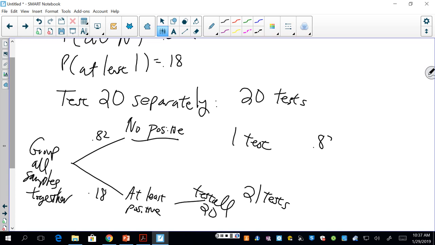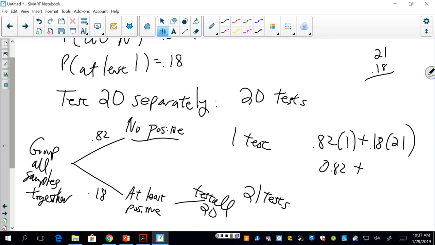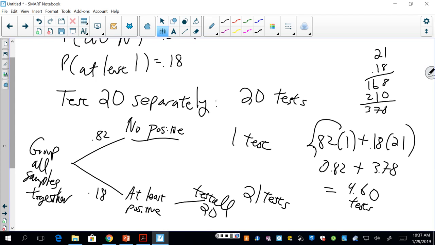So 82% times 1 plus 18% times 21 gives 0.82 plus 3.78, so on average we would be doing about 4.6 tests for each group of people.